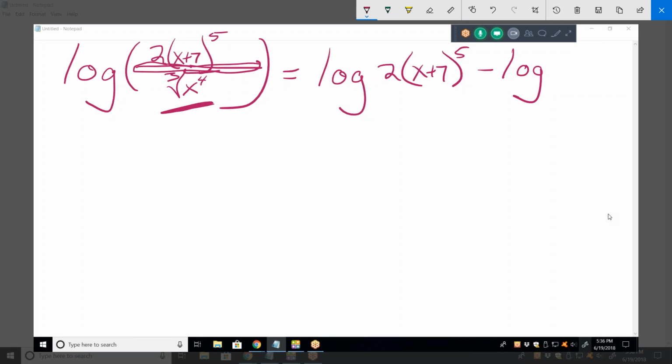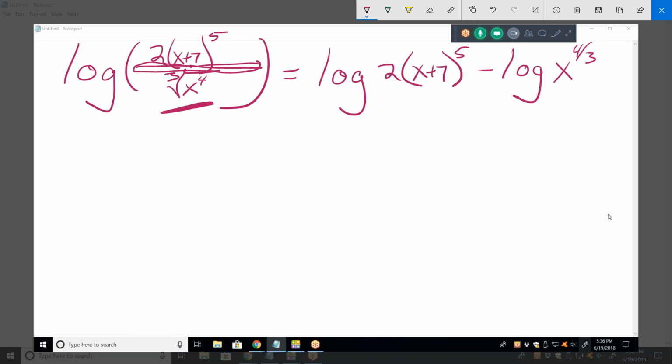You want to always convert them to exponentials, because we get to bring that exponent down and multiply it. So what is the cube root of x to the 4th? It's x to the 4 over 3. That's a better way to write it.